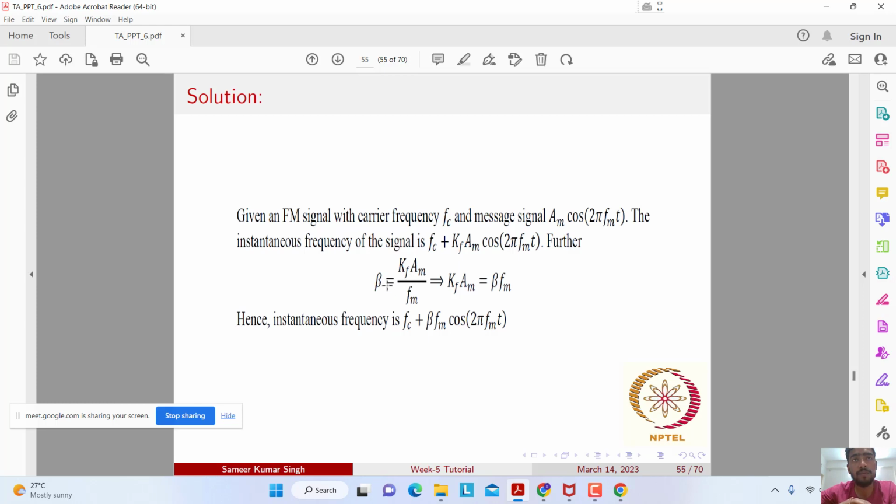For FM, it's KF Am upon FM. So we can write KF Am in the form of beta FM. Just write in place of that beta FM, so it will be Fc plus beta FM cos 2 pi FMt.